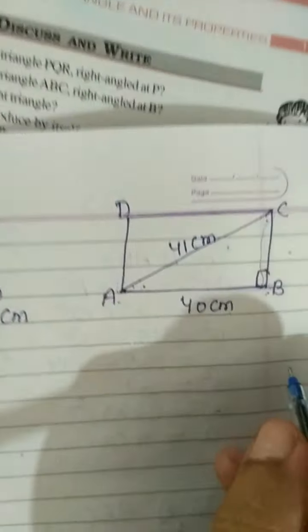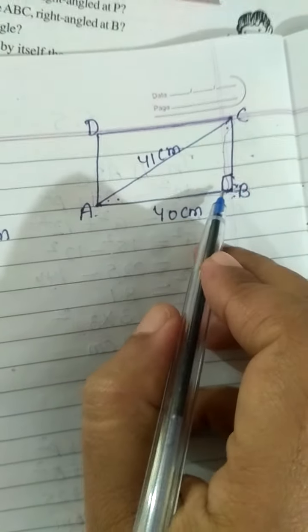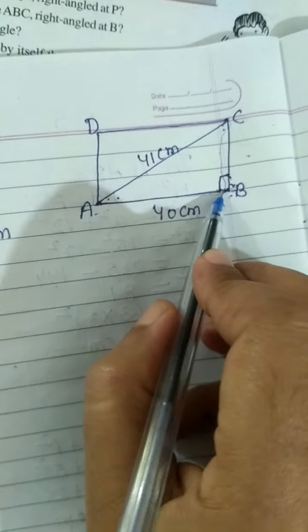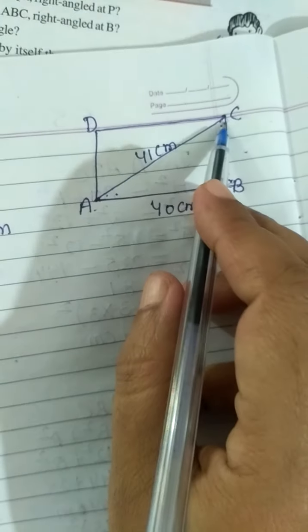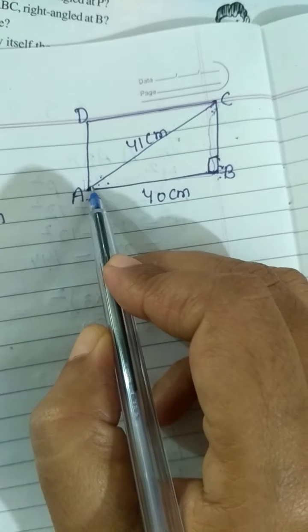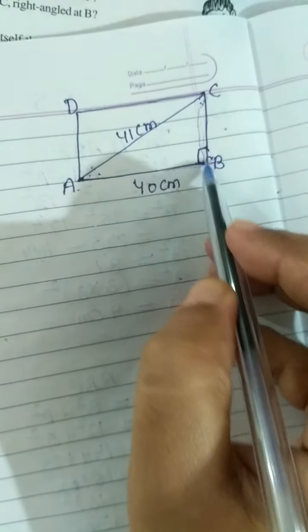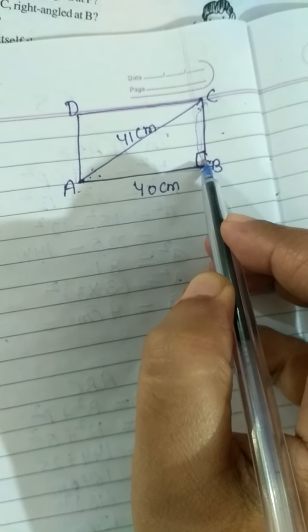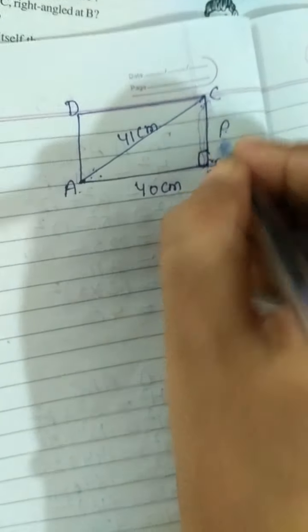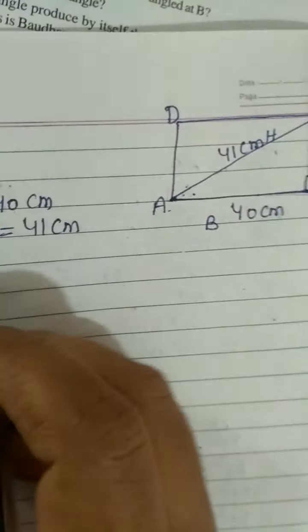And student, you know that our 90 degree is at B, so the side opposite to 90 degree is our hypotenuse. So AC is our hypotenuse and BC is our perpendicular. This is our perpendicular, this is our base, and this side AC is our hypotenuse.